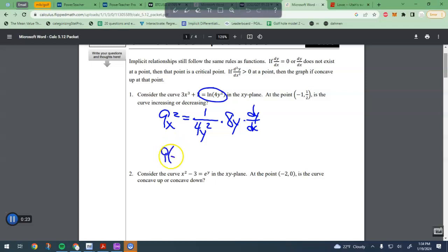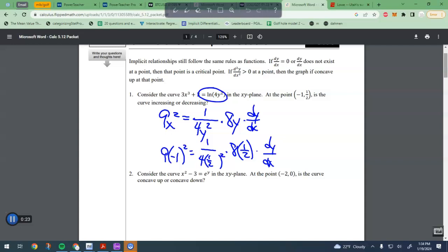So 9 times negative 1 squared, 1 over 4 times y is a half squared times 8 times y is a half. And then that dy dx is what I'm trying to get by itself. It's easier in this form than it is with letters.